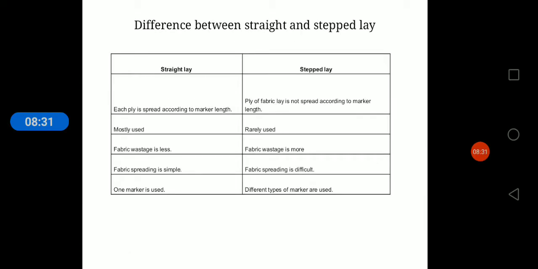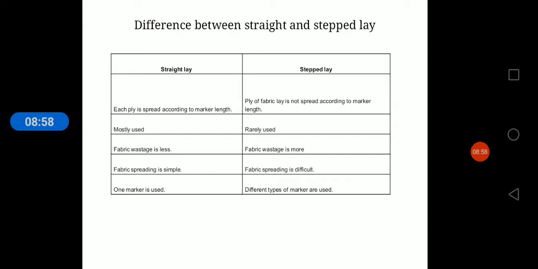The differences between straight and step lay fabrics. In straight lay, each ply is spread according to the marker length, and in step lay, the ply fabric is not spread according to the marker length. Straight lay is mostly used, and step lay is rarely used.